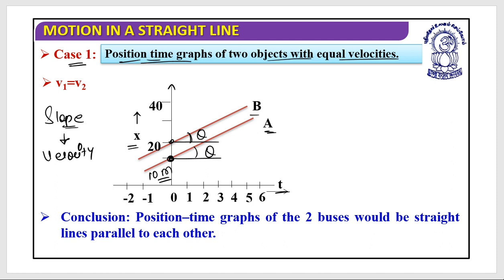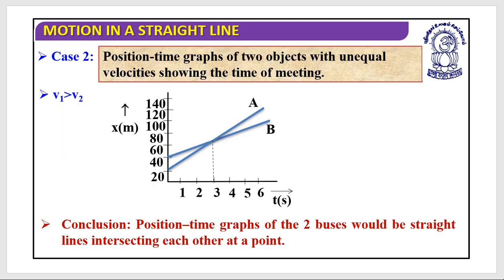So they are far apart by 10 meters at the very initial stage, that means t equals 0 seconds. Now they are moving with initial velocities, and these velocities are equal, so they are not going to meet anywhere throughout that journey. I hope those things are clear. This is the graph where their relative velocity is zero, and these two objects will never meet.